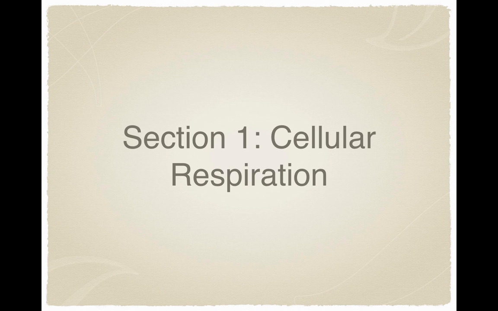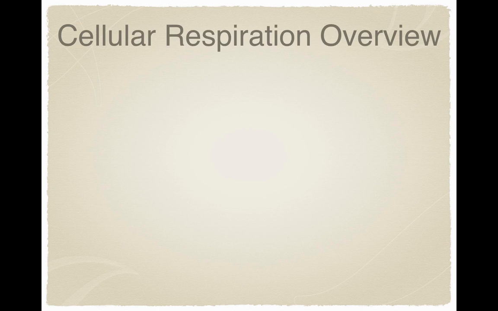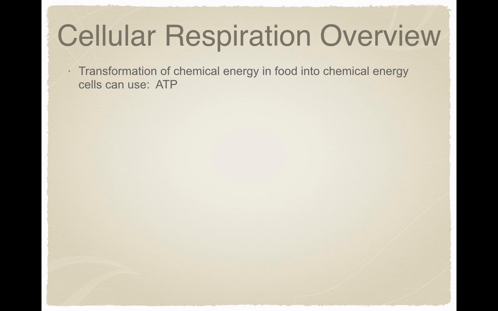So we're going to just talk specifically about cellular respiration. And again, the overview transfers chemical energy in food. So if I eat something, it turns it into a different type of chemical energy that our cells can use called ATP. Our cells can't really use this food chemical energy, but they can use ATP. So it just converts it from one chemical to another.